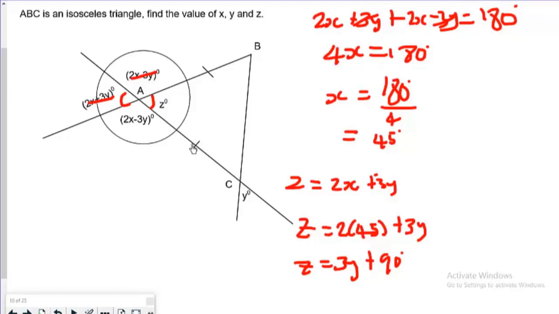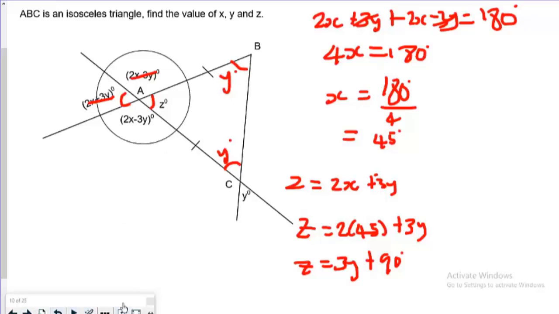Now the next thing I have to do is to make use of this triangle. I know that this is y degrees because vertical opposite angles are equal. Now this is an isosceles triangle, so the base angle over here is also y degrees.